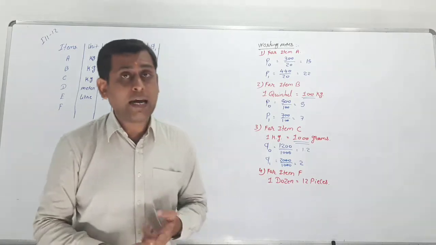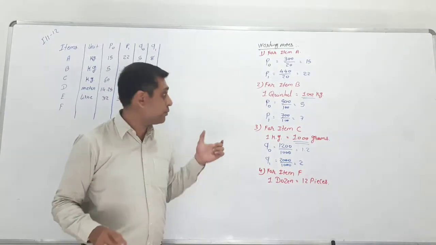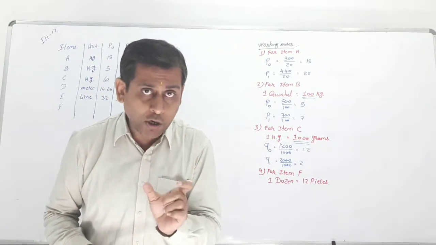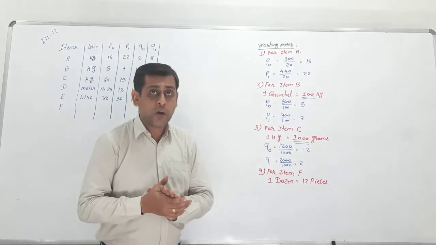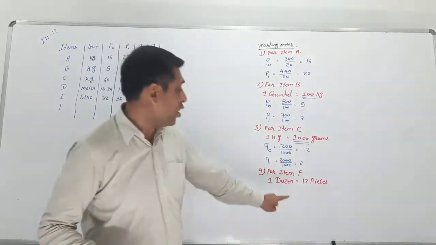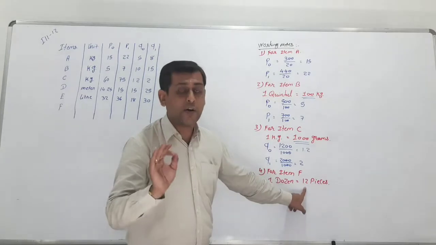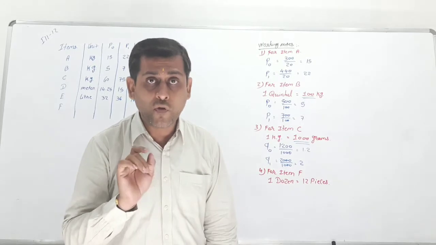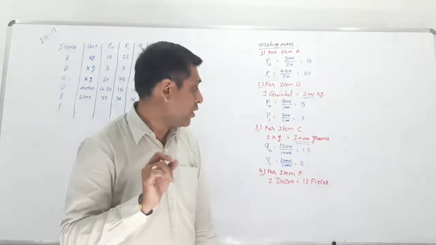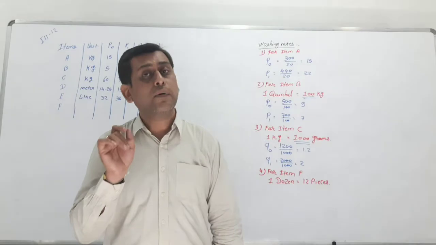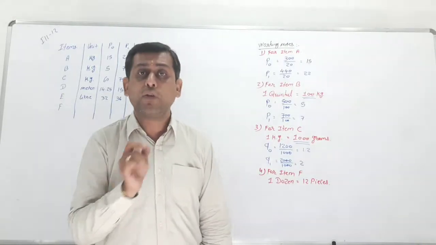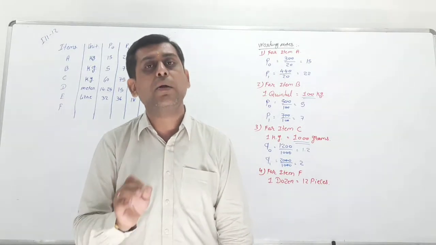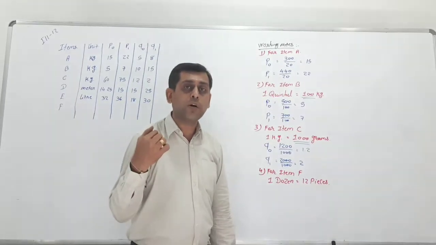We have to look at both prices, the base year price and current year price, and also the quantity of base year and current year. Whatever is a multiple of 12, we have to convert that. If the price given is a multiple of 12, then we convert the price, or if the quantity given is a multiple of 12, then we convert the quantity.